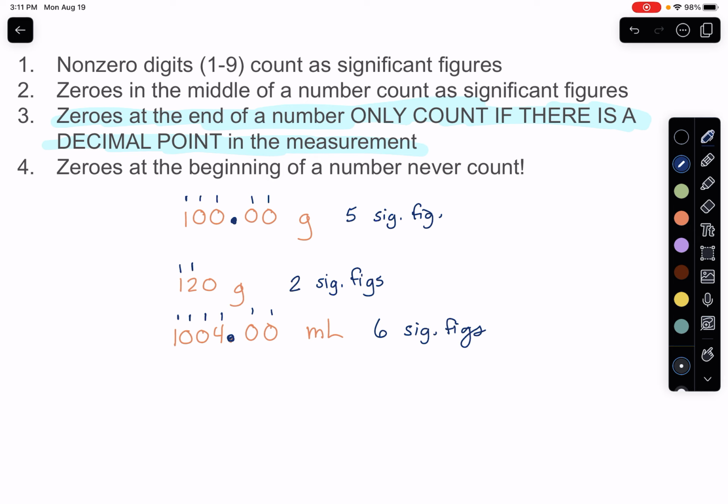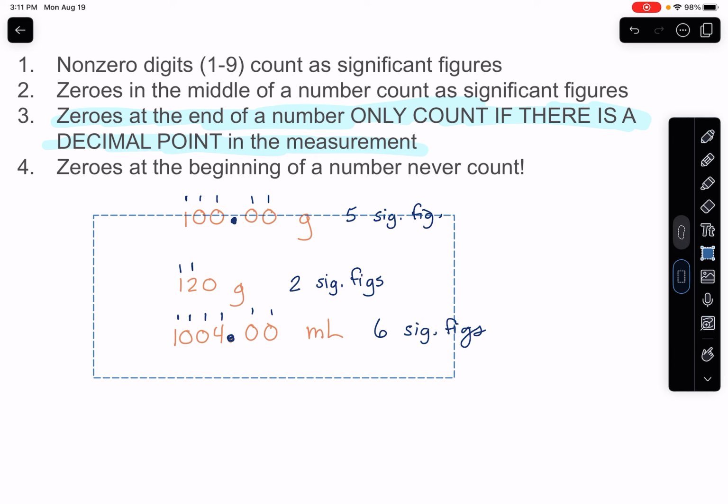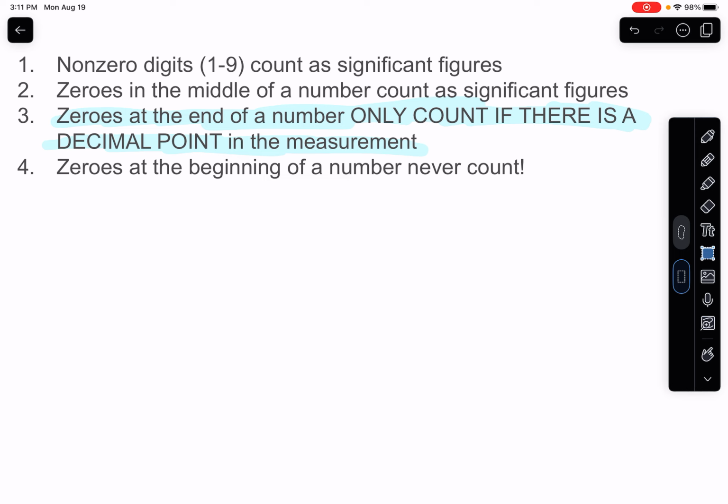Right, let's go over the final rule. This one's a pretty easy rule. The last rule just states that zeros at the beginning of a number never count. Zeros at the beginning of a number, you are only ever going to see if your measurement is a decimal, like this, 0.47 grams.